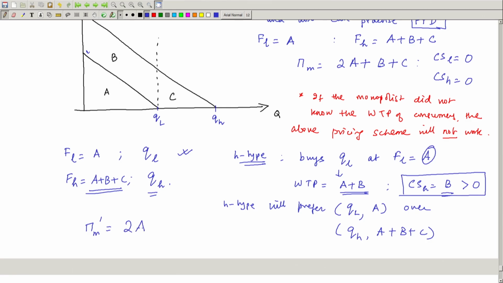So, the profit is going to be 2A. Whereas, if I had known the exact willingness to pay of all the consumers, my profit would have been equal to 2A plus B plus C.